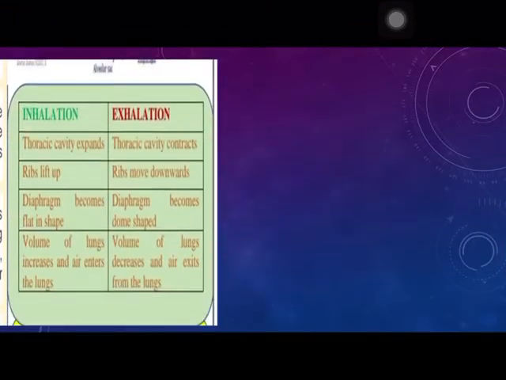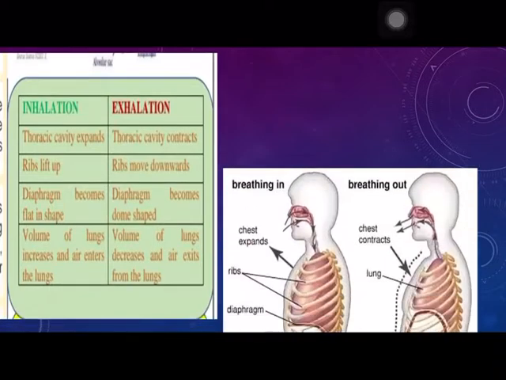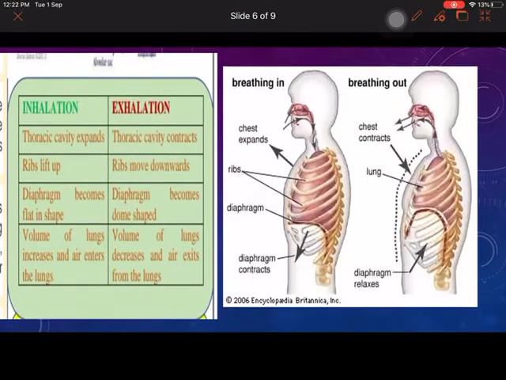Now the process of breathing, inhalation and exhalation, you can see from the figure. The thoracic cavity expands: you can see the ribs going upwards, the diaphragm straightening up, and the volume of this whole region, the thoracic cavity, increases when we breathe in.